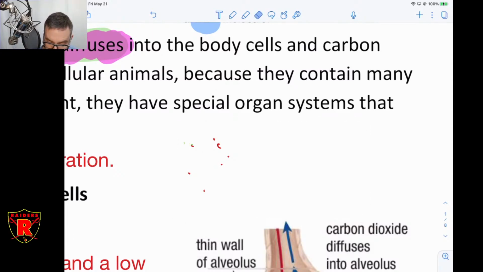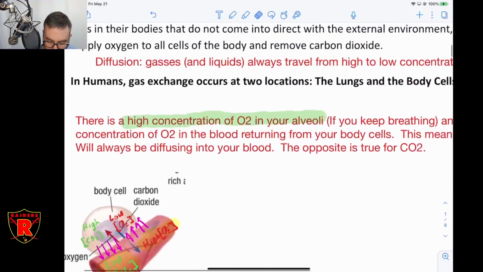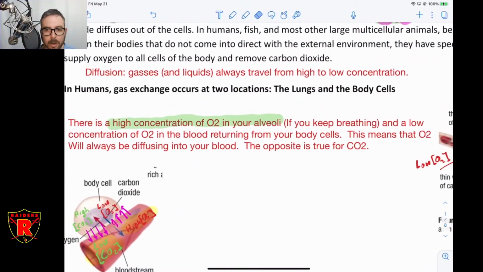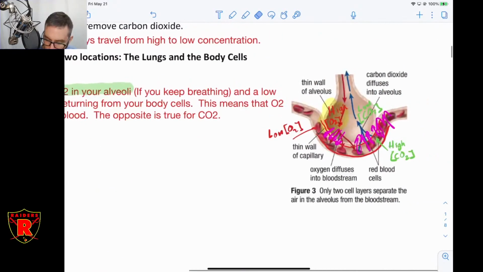It doesn't matter that there's other particles in the room. Those particles are going to want to even out. And so because of this, if you have a high concentration of oxygen somewhere, it's going to want to naturally diffuse over to where there is a low concentration of oxygen.